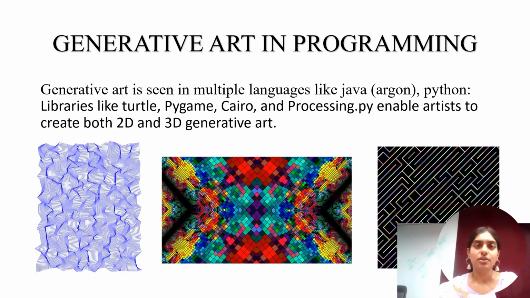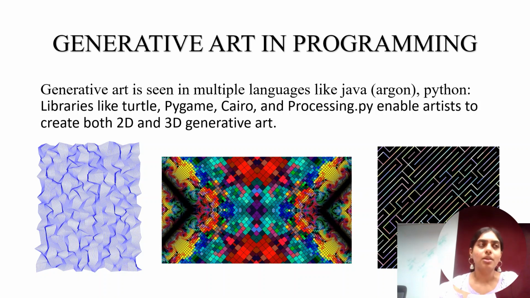You also have JavaScript for all the web enthusiasts. JavaScript is really good with generative art using something called p5.js. With just a few lines of code, you can actually make interactive generative art. That is pretty cool. You also have other languages other than the mainstream ones, like Max/MSP and Pure Data, that are usually used for audio-visual experiences.